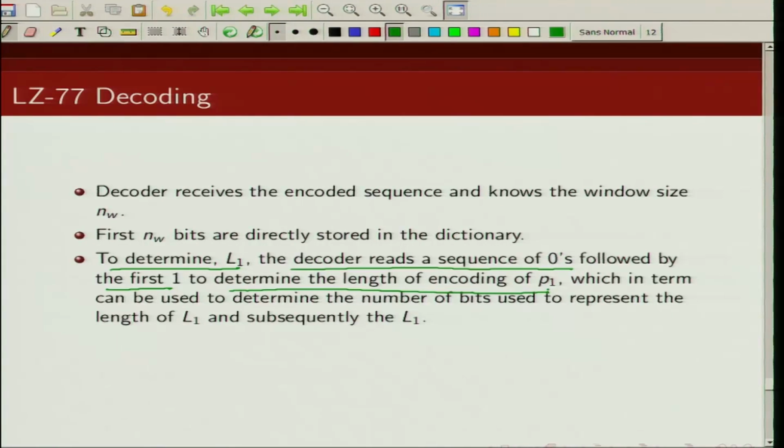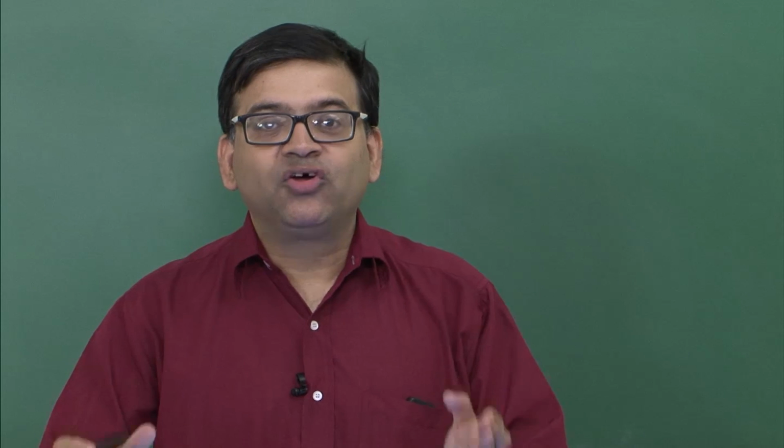Once it is known what P1 is, those many bits are used to represent the length of L1, and once it knows the length of L1, it will look at the subsequent L1 bits to find out what was encoded.